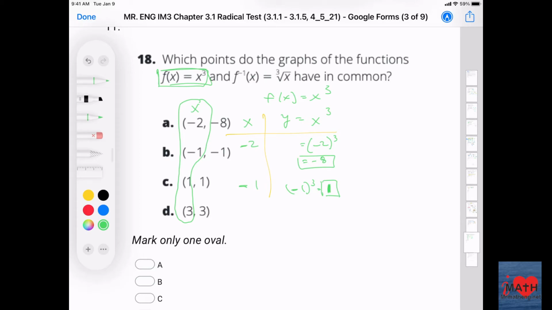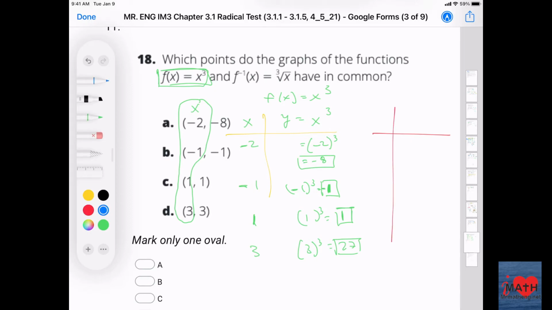So -1 comma -1 would be your other ordered pair. Let's put in 1 here. And last one is 3. If you put in 3 cubed, you get what? 27. Alright, let's do the same thing over on this side.